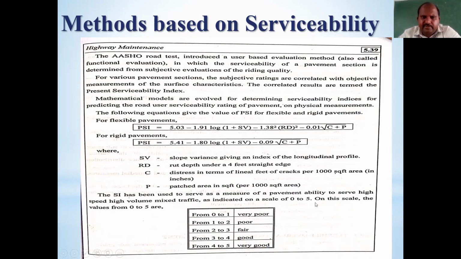On the scale, from 0 to 1 it is very poor condition, from 1 to 2 a poor condition, from 2 to 3 fair, from 3 to 4 good condition, and finally 4 to 5 is very good, excellent condition, for the pavement serviceability index.